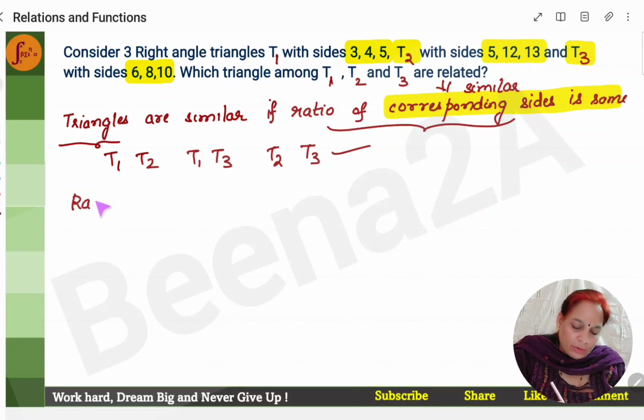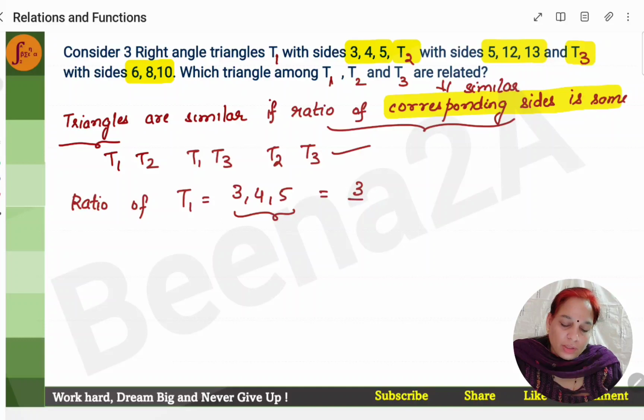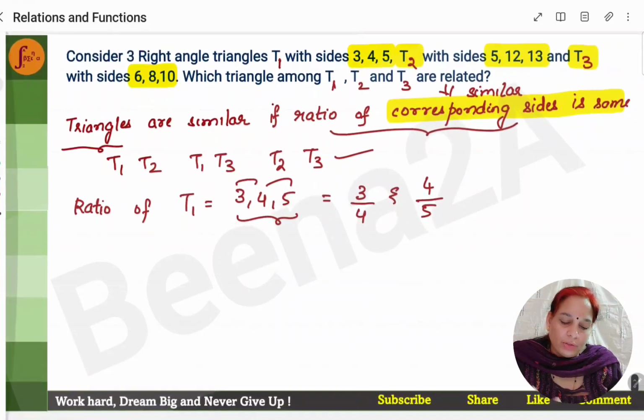Let me take the ratio of T1. What are the sides? 3, 4, 5. So how do I write this in the form of ratio? I should write 3 by 4 and 4 by 5, these two and these two. With that you can form the ratio. So 3 by 4 and 4 by 5.